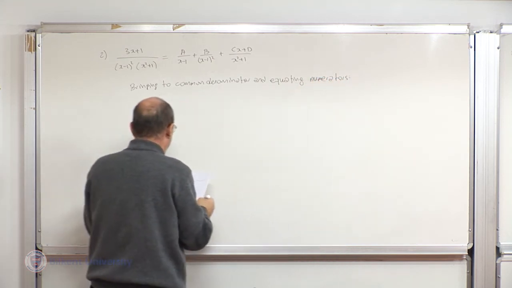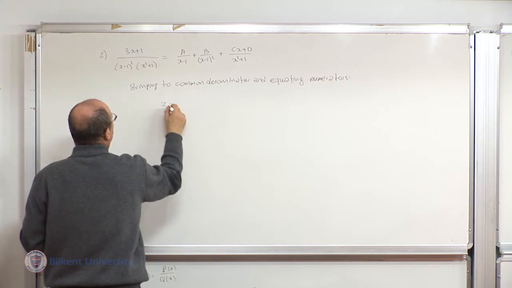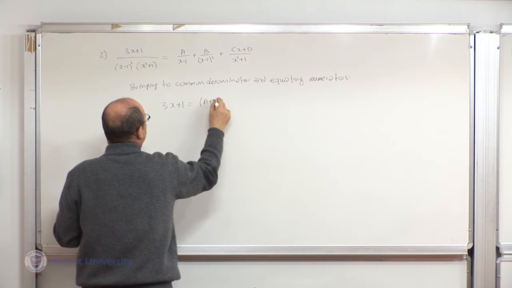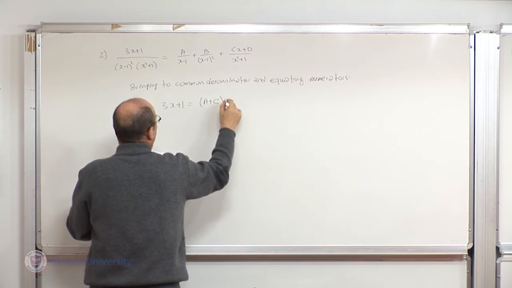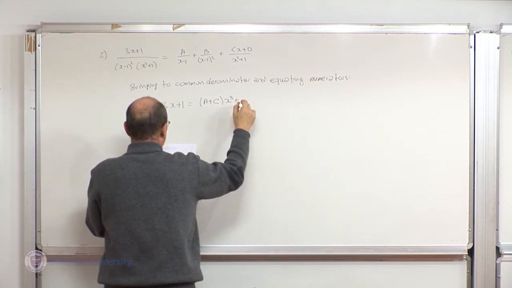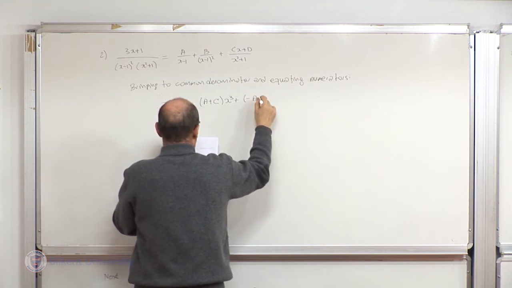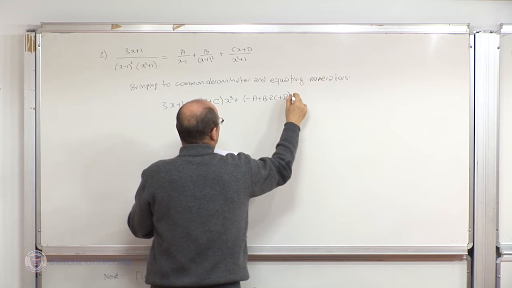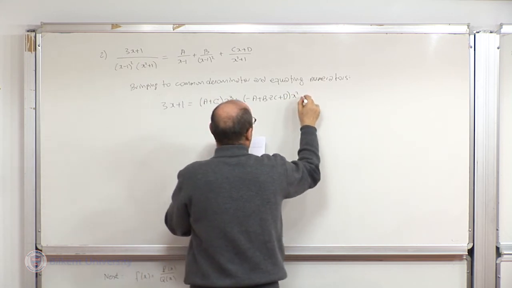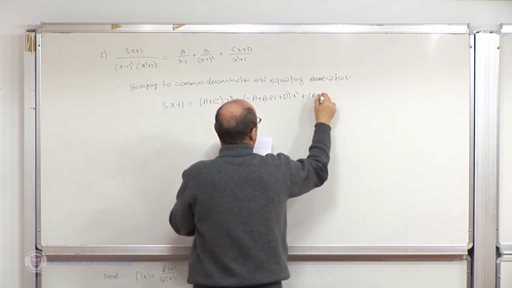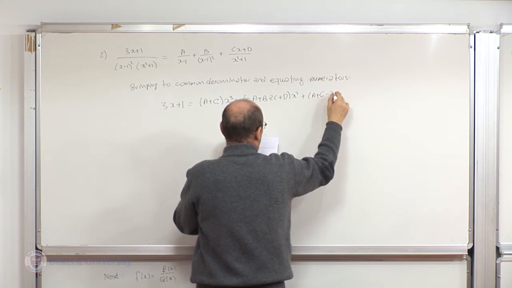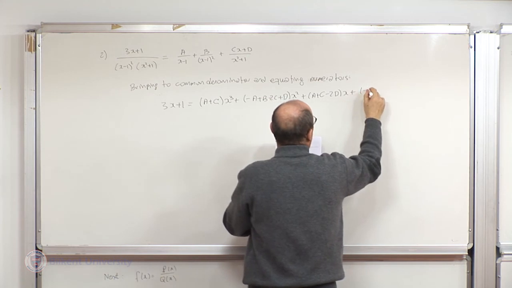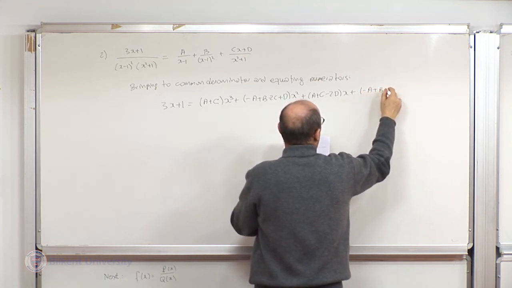So what we have here is that 3x plus 1 is equal to a plus c times x cubed, plus minus a plus b minus 2c plus d times x squared, plus a plus c minus 2d times x, plus minus a plus b plus d.